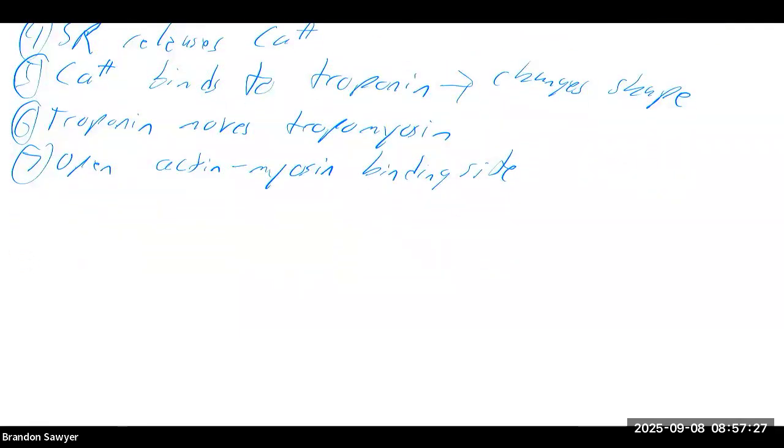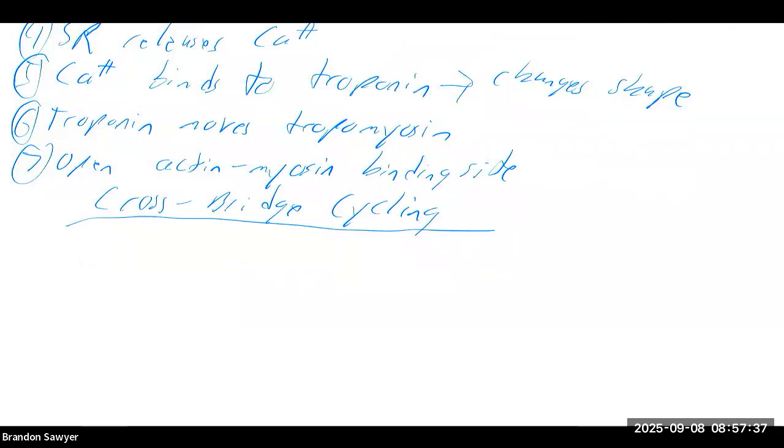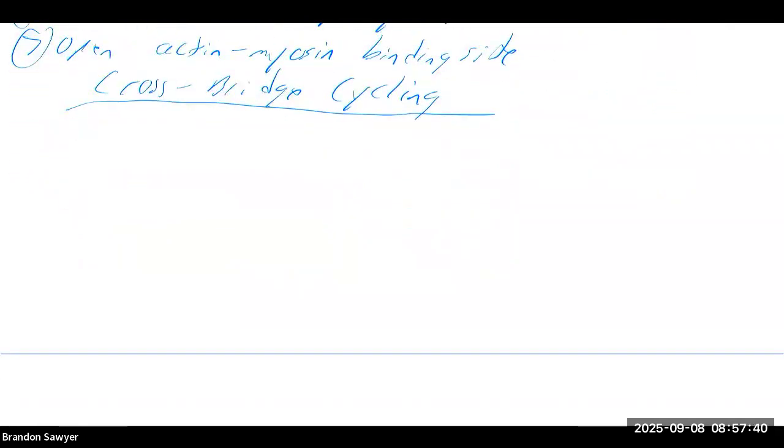And then we move on to the last part, which is cross bridge cycling. This cross bridge cycling is a cycle, as the name implies, so we can start in different places, but we'll start with the myosin head attached to actin.